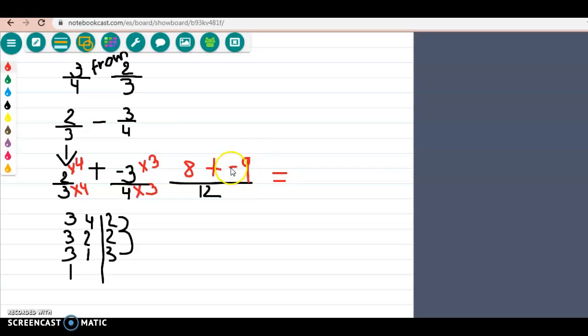First of all, we're going to identify which is greater, okay? So it means that the answer is going to be negative, because if we compare those numbers, 9 is greater than 8, so our answer is going to be negative. And then we're going to make a subtraction. 9 minus 8 is 1, okay? So negative 1 over 12.